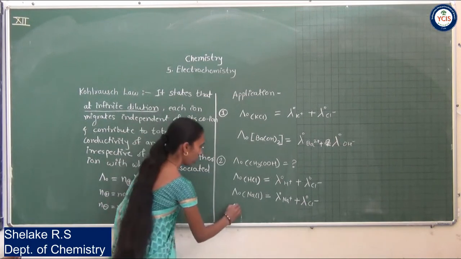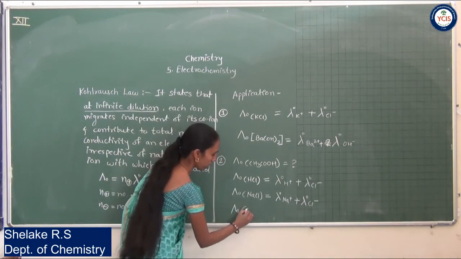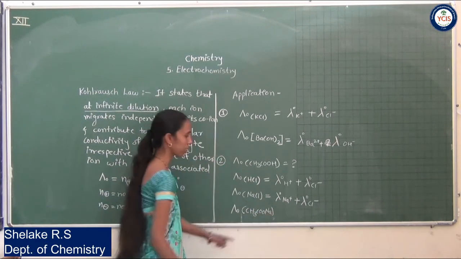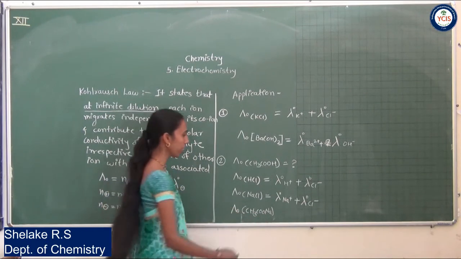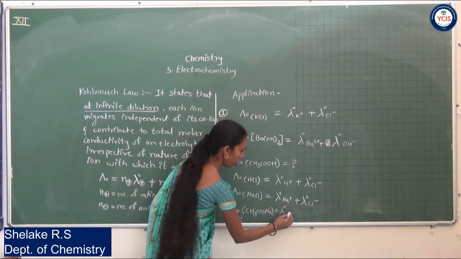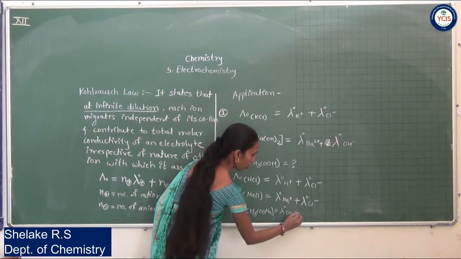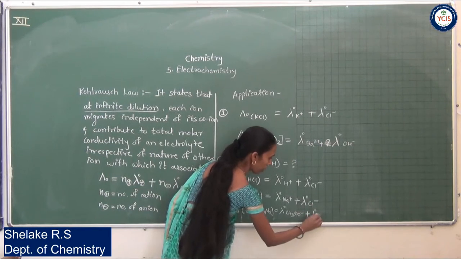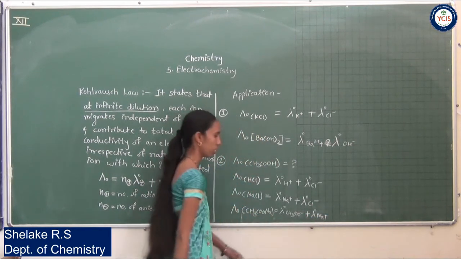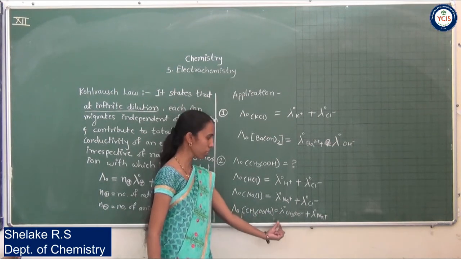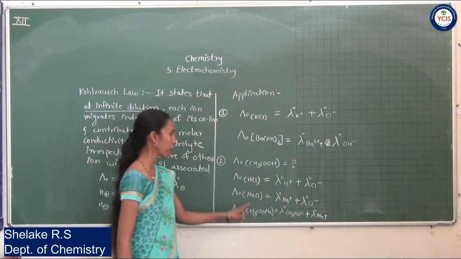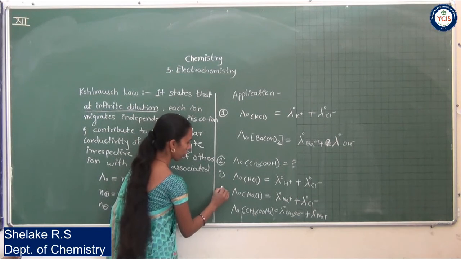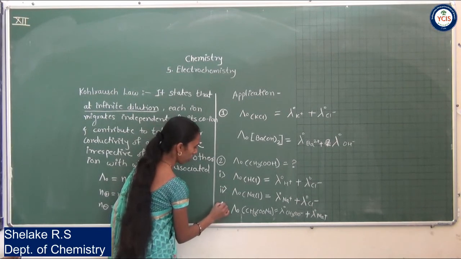And if you know the molar conductivity of sodium acetate, CH3COONa, how can we write the Kohlrausch law for that? We will get lambda 0 CH3COO minus plus lambda 0 of Na plus. You can write Na plus first, or write it in this way also. So suppose we write this as equation number 1, this is equation number 2, and this is equation number 3.